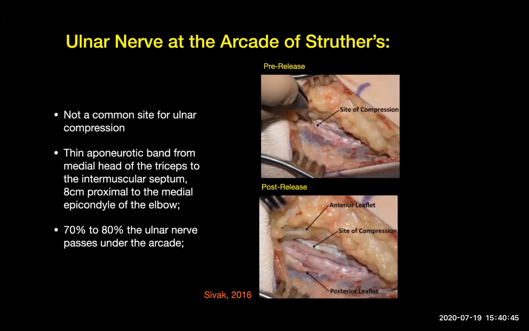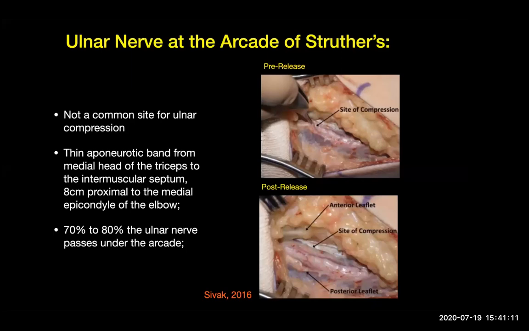Can you imagine, a lot of times we forget this nerve could be compressed in this area, but it is always important to realize that 70 to 80% of the time, the ulnar nerve could be compressed in this arcade of Struthers. So it is measured to be 8 centimeters proximal to the medial elbow.